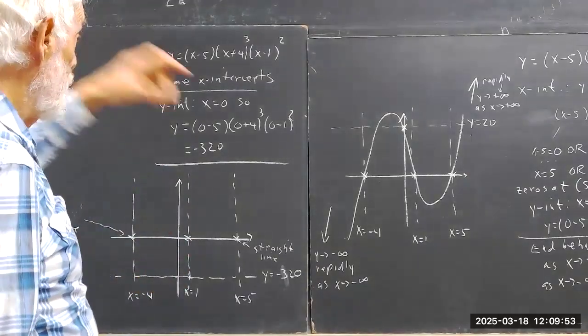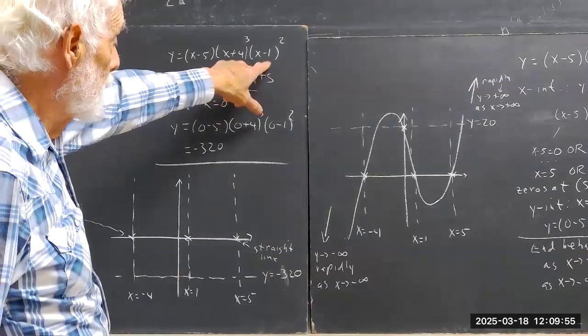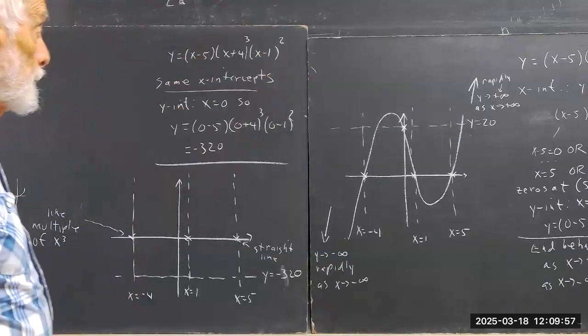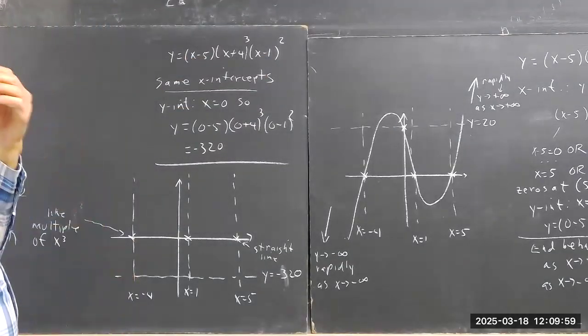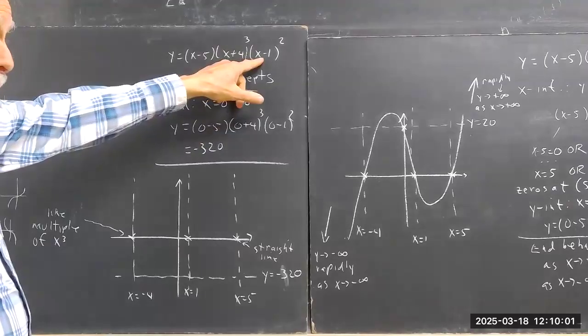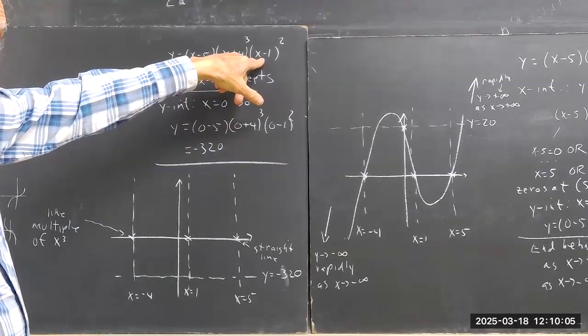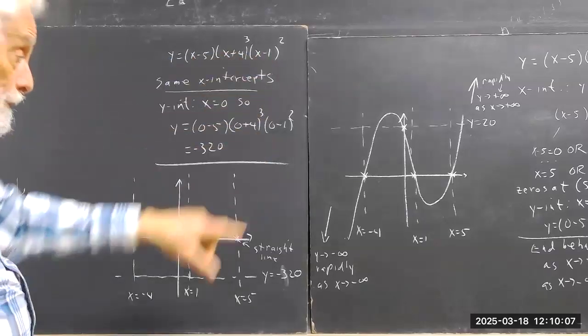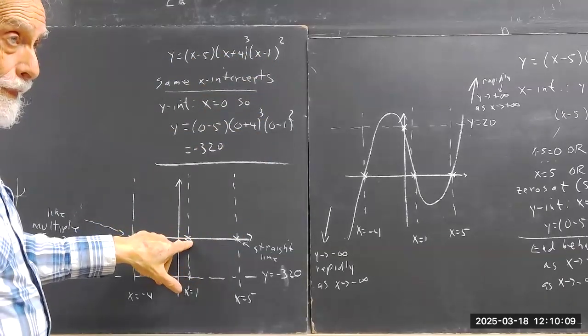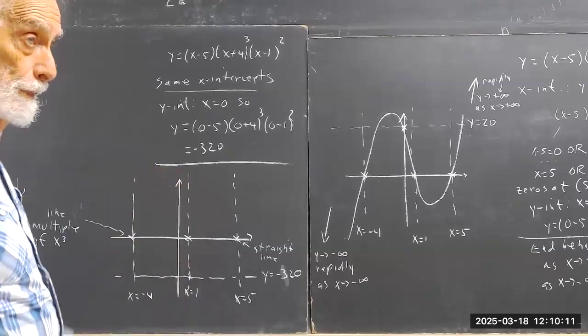All right. Here, x equals 1. Well, that comes from x minus 1 squared. So it's going to be like a shifted squaring. It's going to give you a parabola at this point, or very near this point.